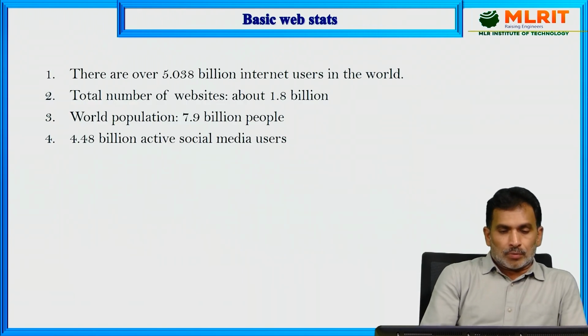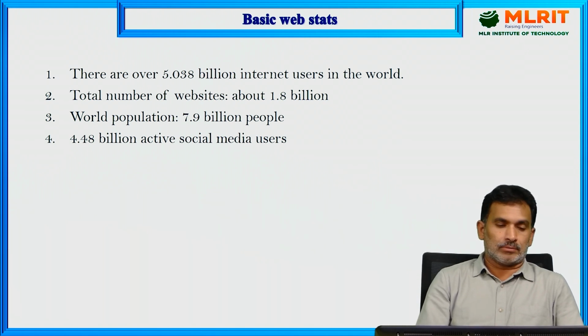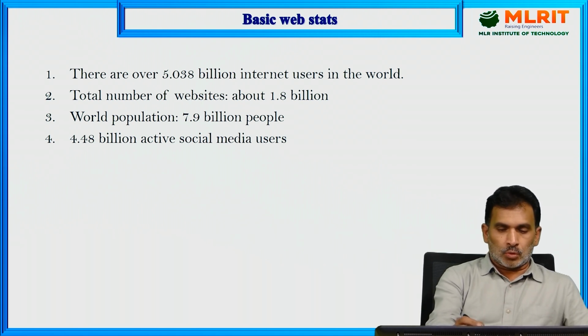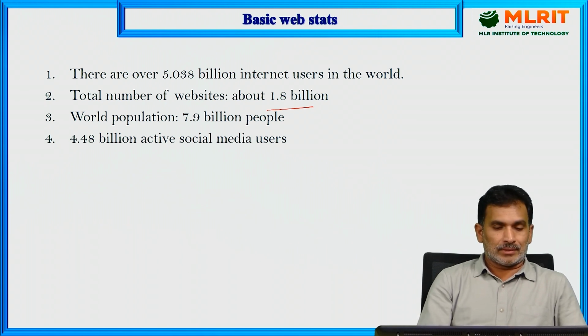There are more than 5 billion internet users in the world. The total number of websites, as we saw from the previous slide, is more than 1.8 billion in the world.